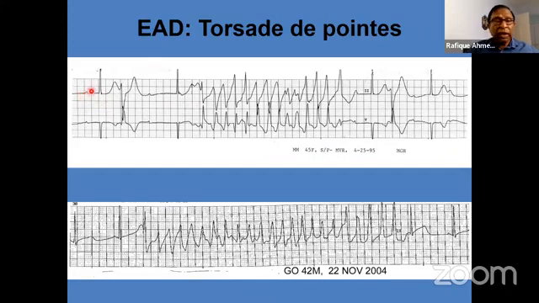And then long QT, there is one premature beat, probably due to afterdepolarization, and the proof is that it then degenerates into a polymorphic ventricular tachycardia, which is torsade. The difference between torsade and VF is basically that it twists around a point. You can see that the QRS is negative here, it becomes positive, and then it stops. Torsade will terminate.